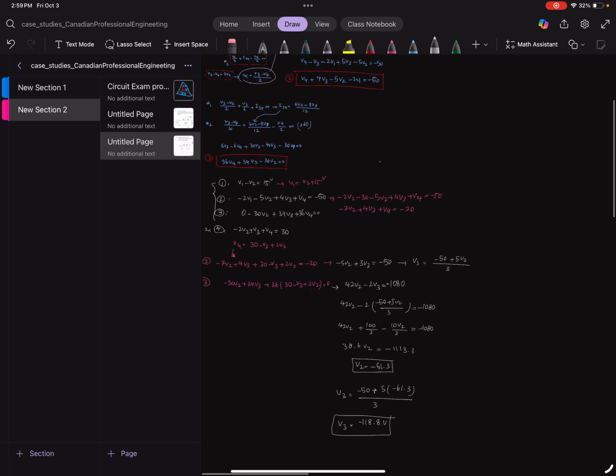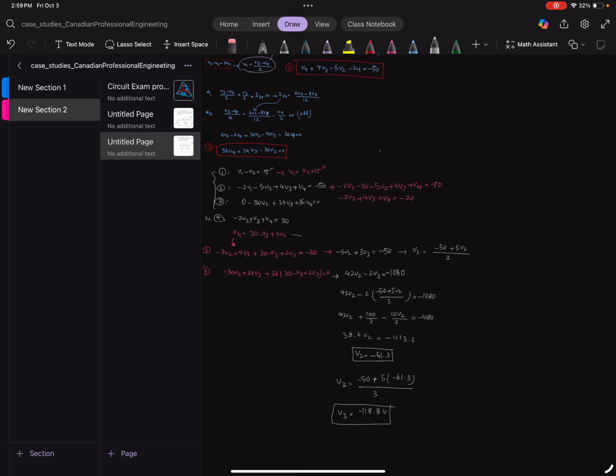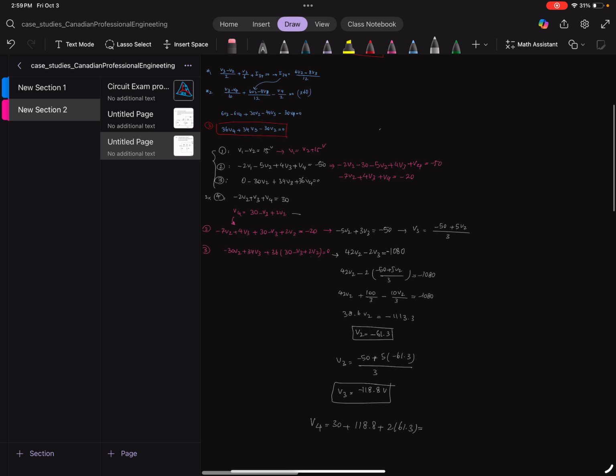Okay, then we can go back to, remember we did V4 here, so V4 is 30 minus V3, so it's 188 plus 2V2 plus 2 multiplied by 61.3 is equal to, yeah, these are too large.